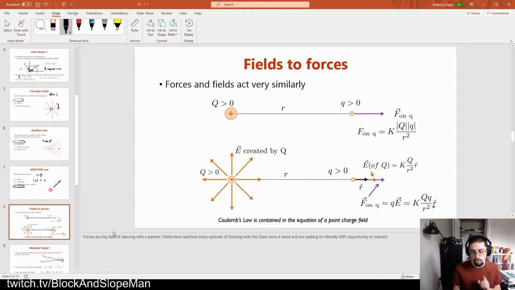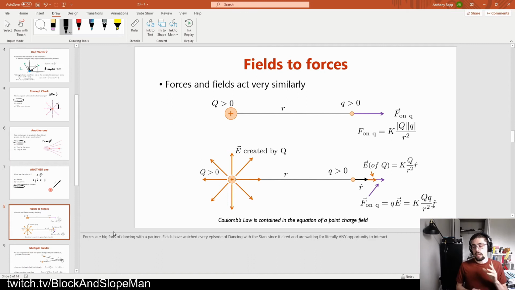They have watched every single episode of Dancing with the Stars, without fail, even the bad seasons. And they have a great expanse everywhere, right? They are waiting for anything to get nearby to start acting on it. And at that point, they're so eager that they'll act on multiple things at the same time, right?